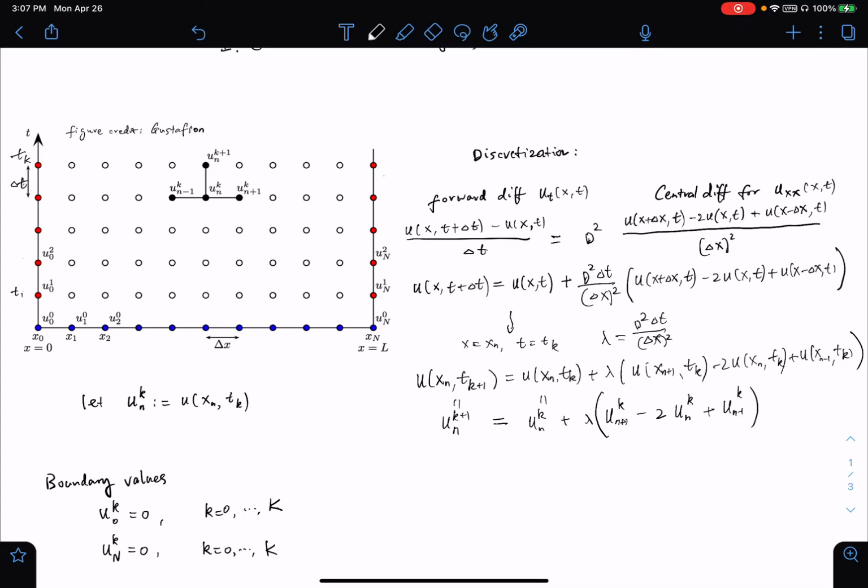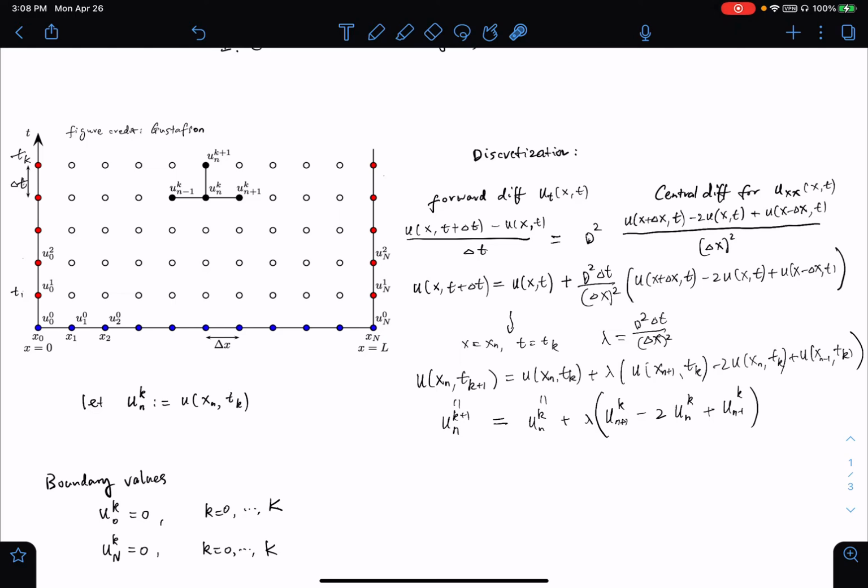So what we have derived here, let us just look at the figure. By this equation, this value is determined by these three values. In other words, the u value at a particular time step, say tk plus 1, can be determined by three values at time step tk.